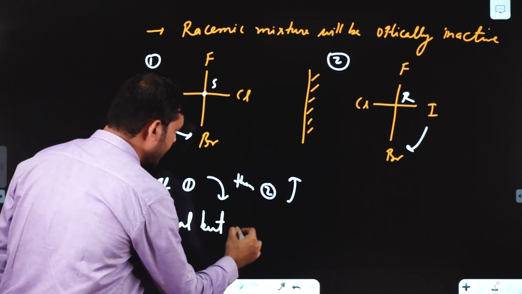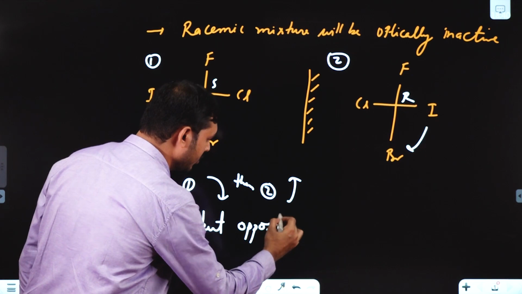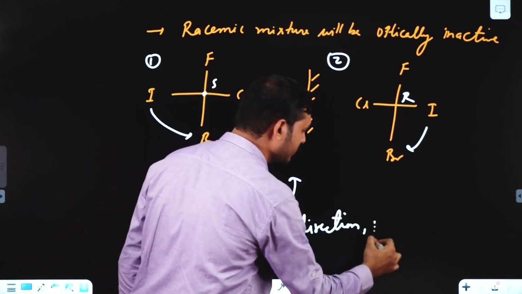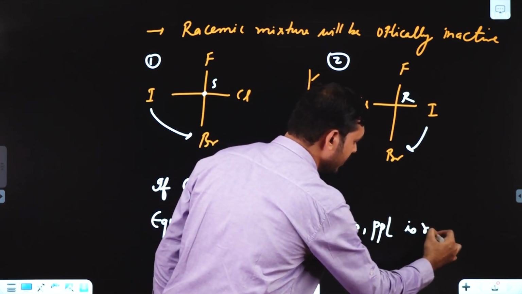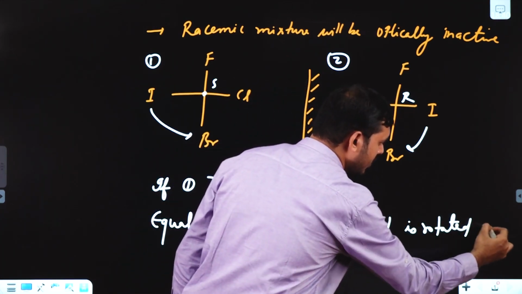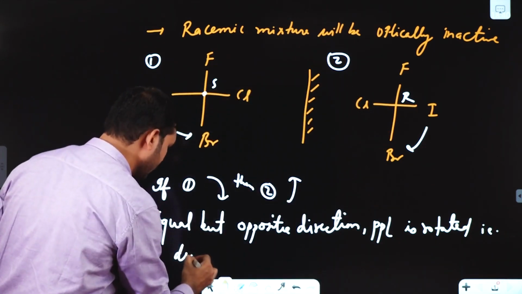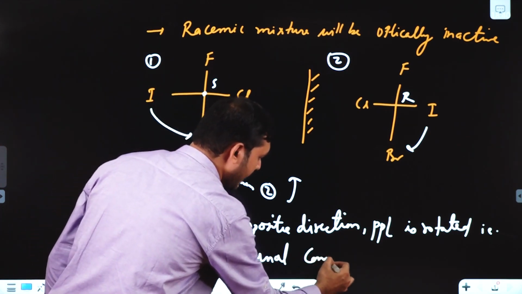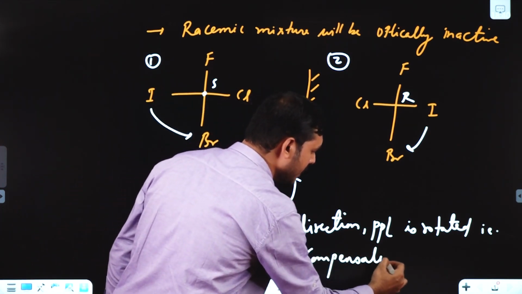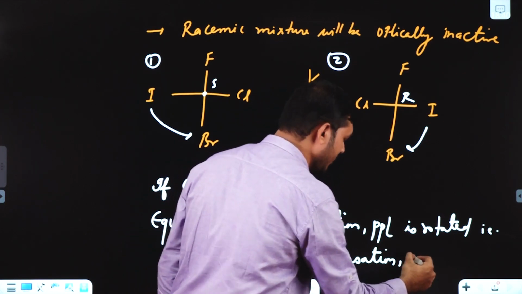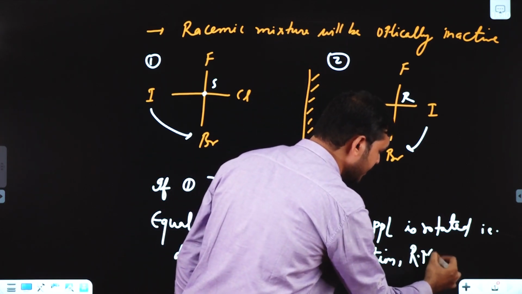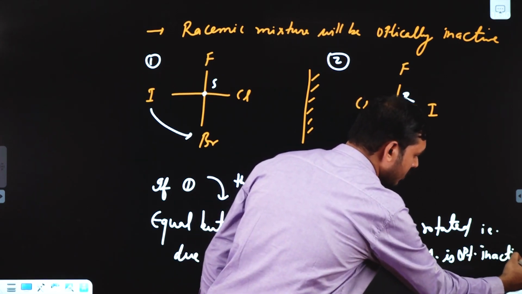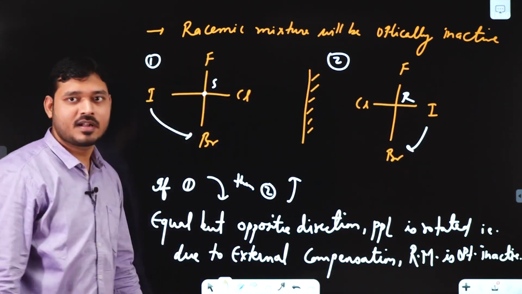Equal but opposite direction PPL is rotated, that is due to external compensation. Racemic mixture is optically inactive. Okay, clear to everyone?